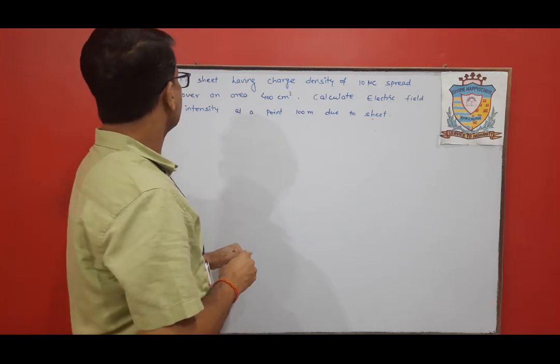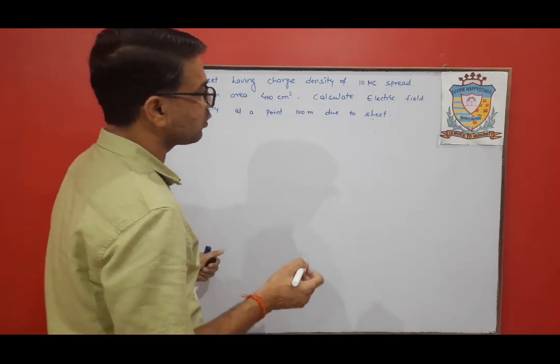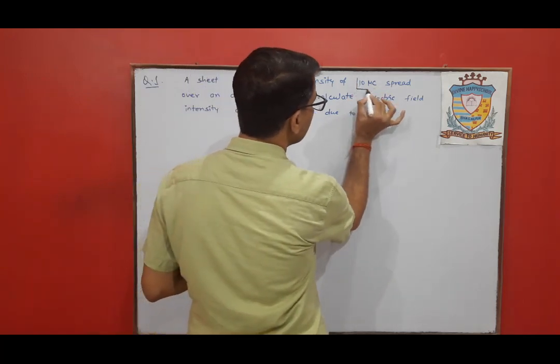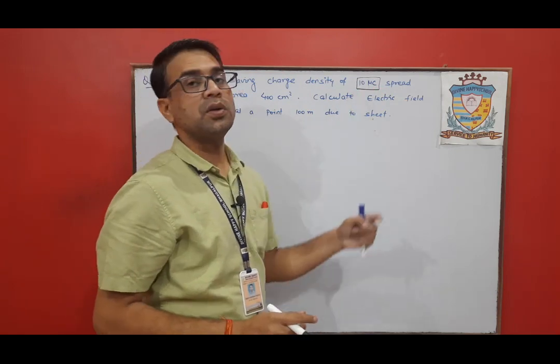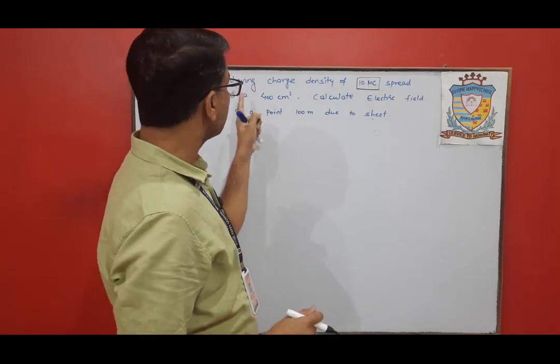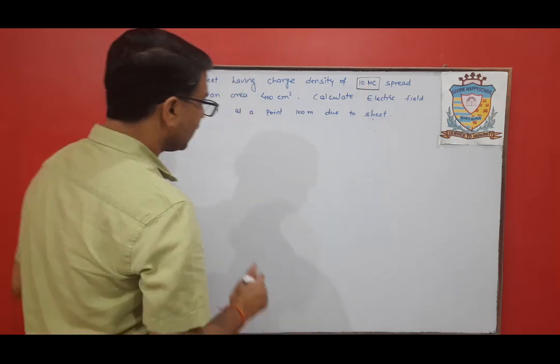Okay, so it is given that a sheet having charge of 10 microcoulomb. Coulomb is a unit of charge, so do not get confused with this charge density, because the given quantity is a charge.